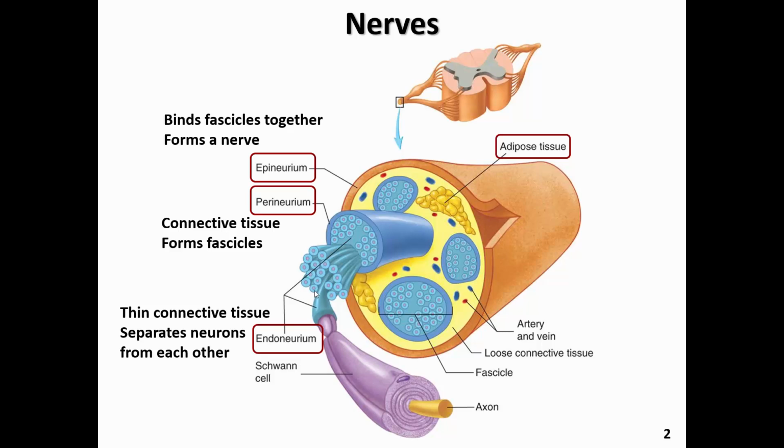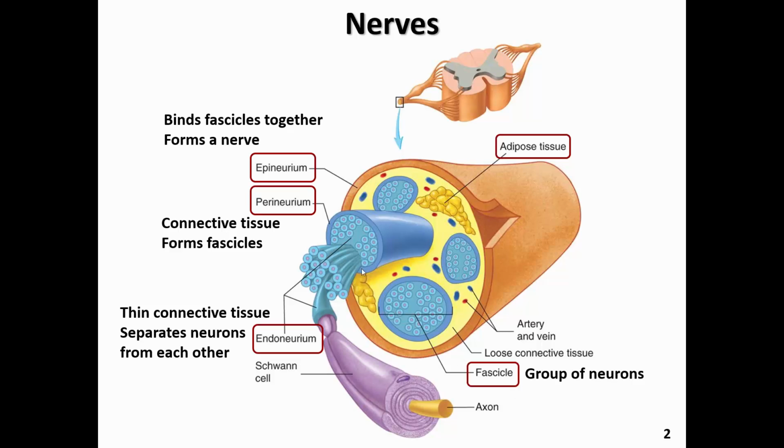And what we see here with respect to each individual neuron, whether the neuron is myelinated or not, the neuron is surrounded by an exterior connective tissue-based covering called the endoneurium. And the endoneurium serves to isolate one neuron from the other neurons in this organized manner.